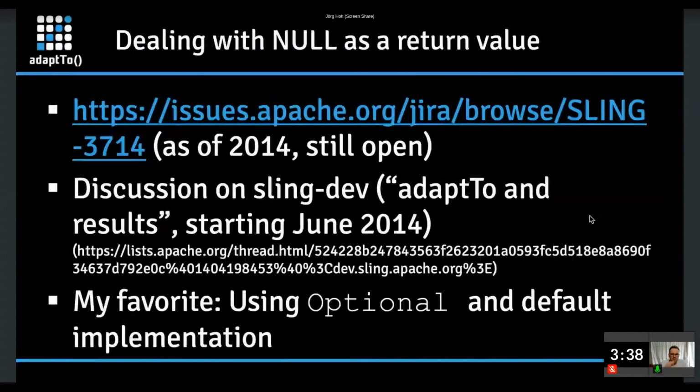If you can map this in a stream and filter and do whatever is necessary, I think this makes sense here. And for every other case, probably still catching the null, but I don't think that this is really a problem. And I still think adaptTo has its value.